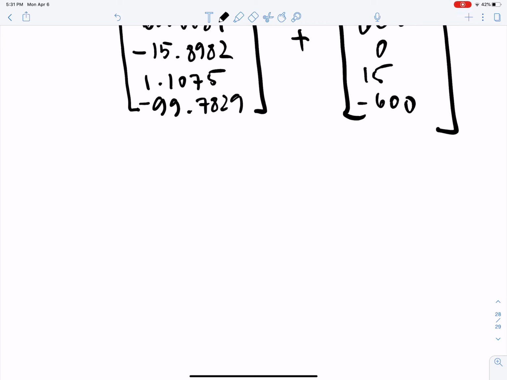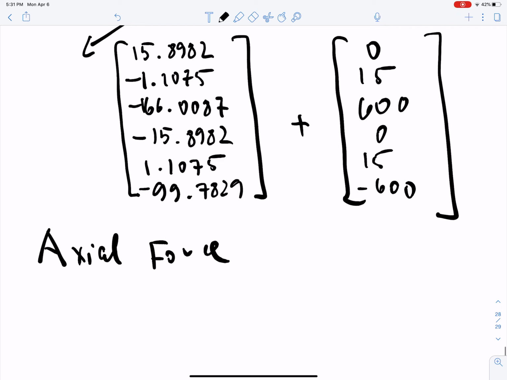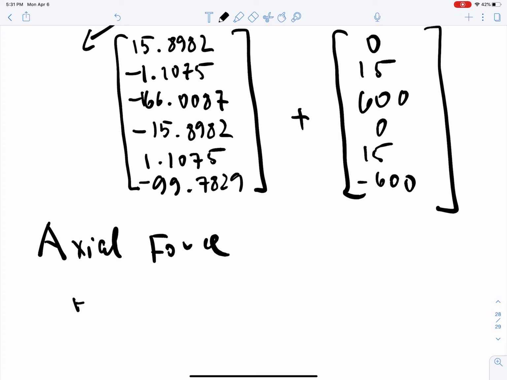Okay. And so as a result, right, you also want to break up your axial force into two parts. So there's one that's coming here, right? Okay, and you see, right, because the motion of the end nodes gives you the axial force. That's a constant, okay? And you see that you have something that's 15.8982 this way, right?